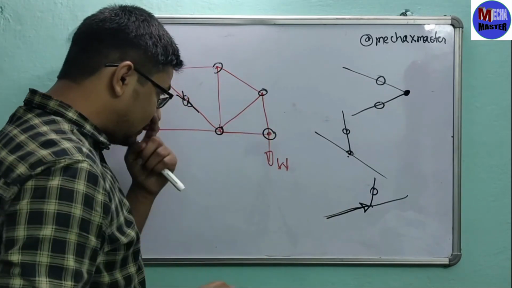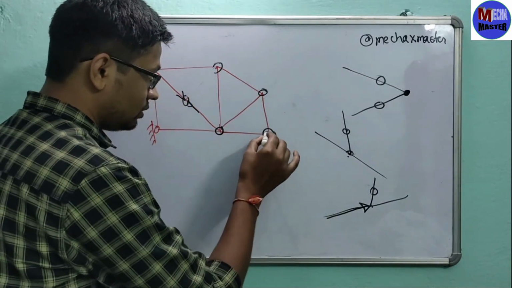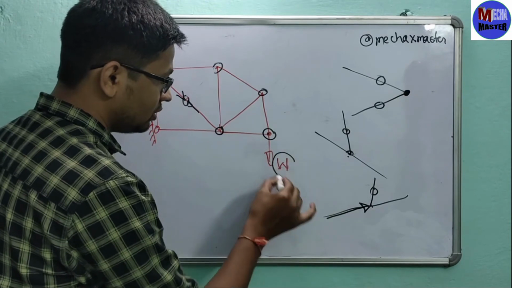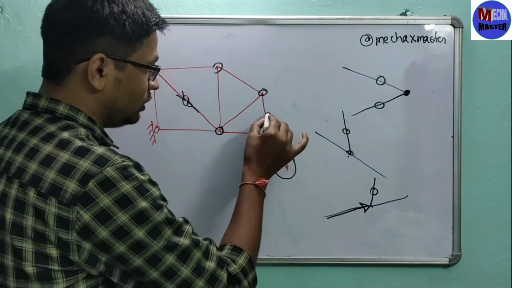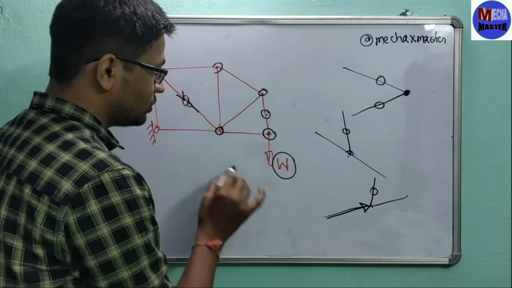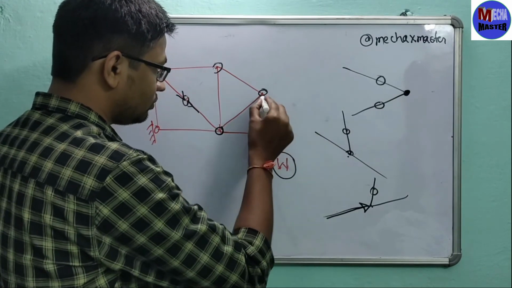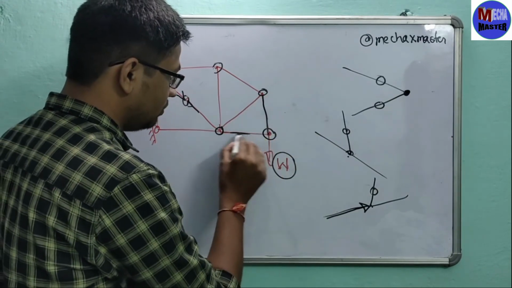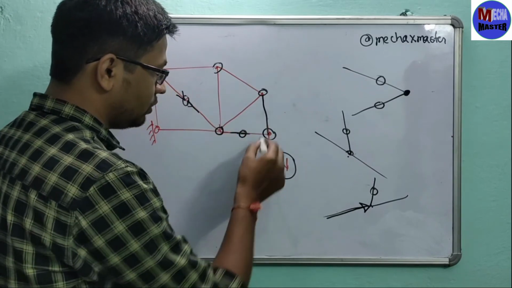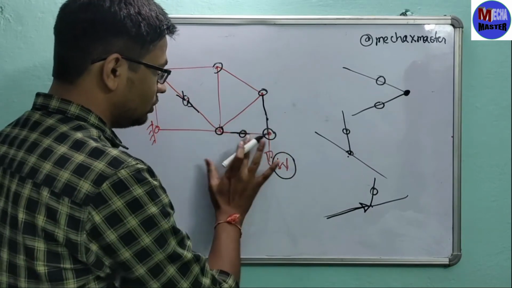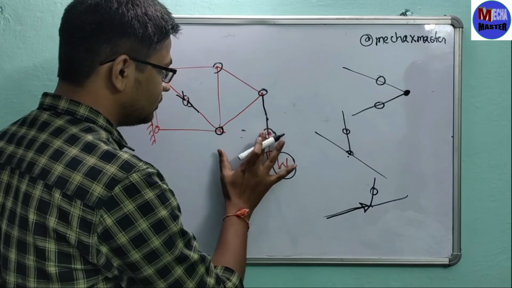You can easily say that this load W is collinear with this member, so this third member will be a zero force member because these 2 are collinear, so you can easily eliminate this.